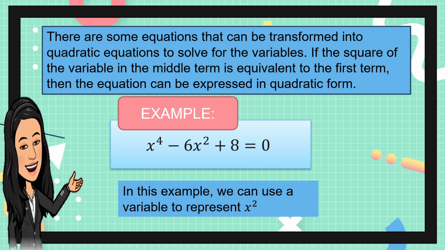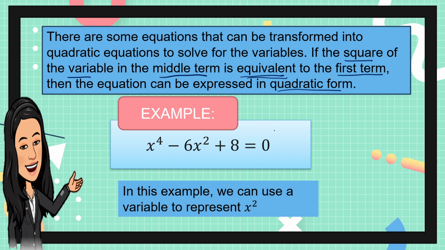So in this example, if the square of the variable in the middle term is equivalent to the first term, then the equation can be expressed in quadratic form. So let's check if we can solve this equation and express it in quadratic form.